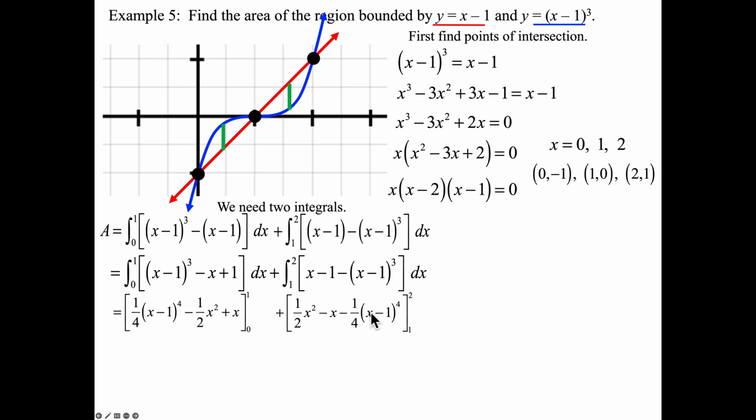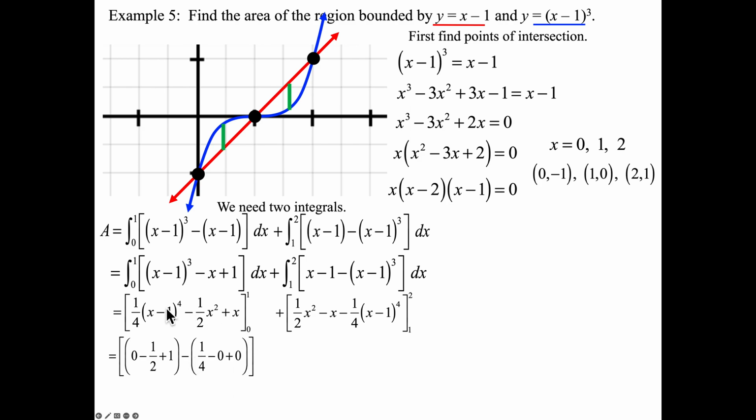And then we'll use those same rules over here, just watch your signs. x becomes 1/2 x squared, minus 1 becomes minus x, minus, and we'll just bring this over to here. Substitute in our values. Plugging in the 1 is going to give me 1/4 times, wait, that's a 0, so 0. 1 squared is 1, that stays minus 1/2 plus a 1.